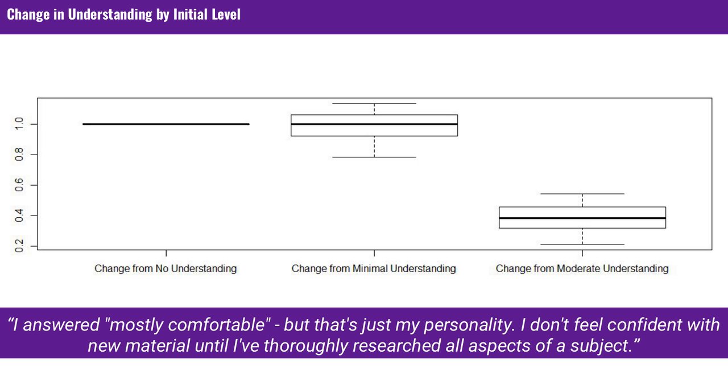And one of the qualitative comments we got, around comfort, was that they answered mostly comfortable, but that's just their personality. They didn't feel confident with new material, that they hadn't thoroughly researched all aspects of a subject. In terms of librarian personalities, if there is such a thing, I think this one may not be atypical. So we were dealing with a learner base that may have been more hesitant to identify a change from moderate to strong understanding.